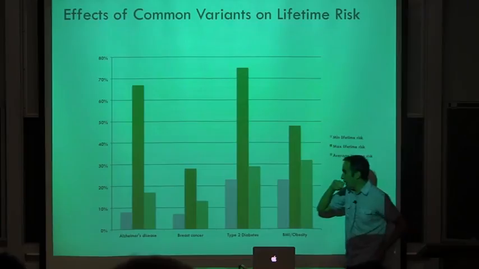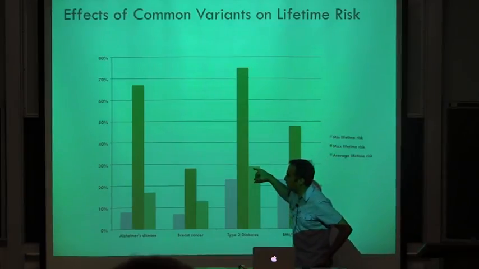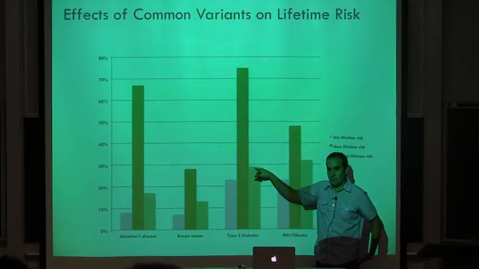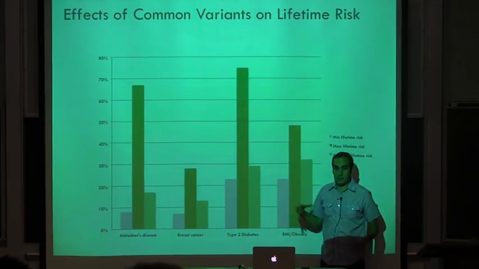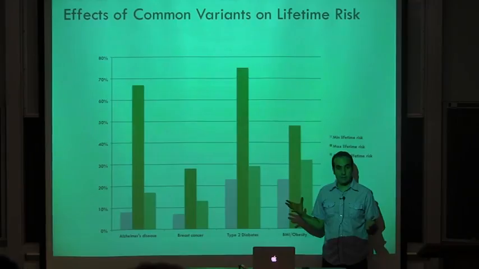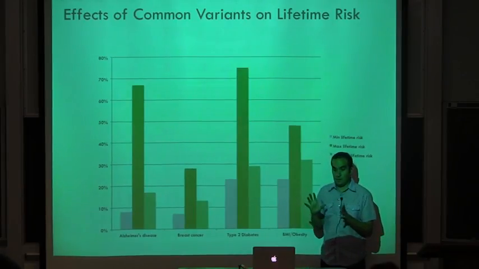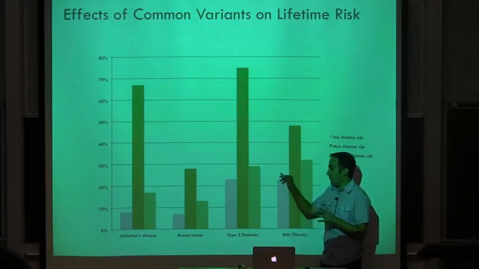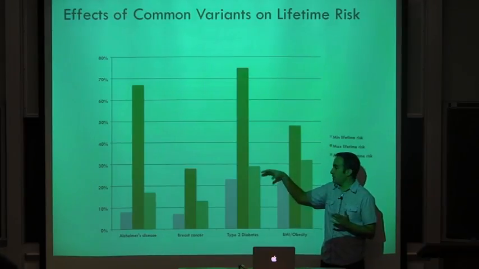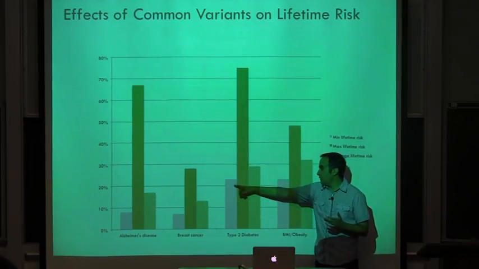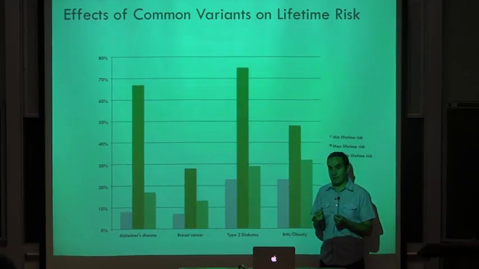So for example, you have about a 28% chance of getting type 2 diabetes just because that's the average risk. So without knowing anything about a person, are they likely to get diabetes in their lifetime? It's 28%.